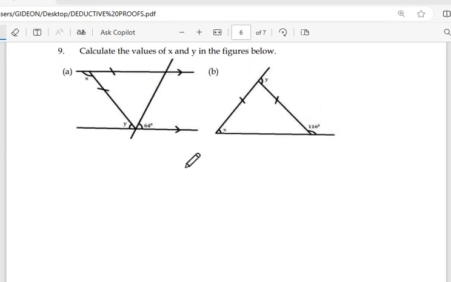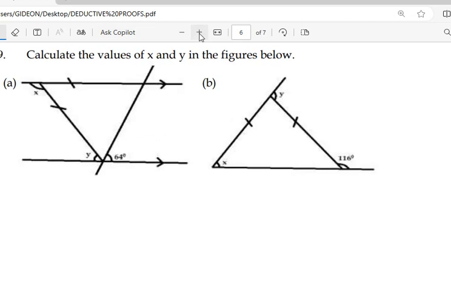Okay, so this now, let me zoom it out a bit so you can see everything that is going on. Okay, for this now, this is 64, this is y. Now these two lines are parallel. Anytime you see this symbol, it means the lines are parallel.